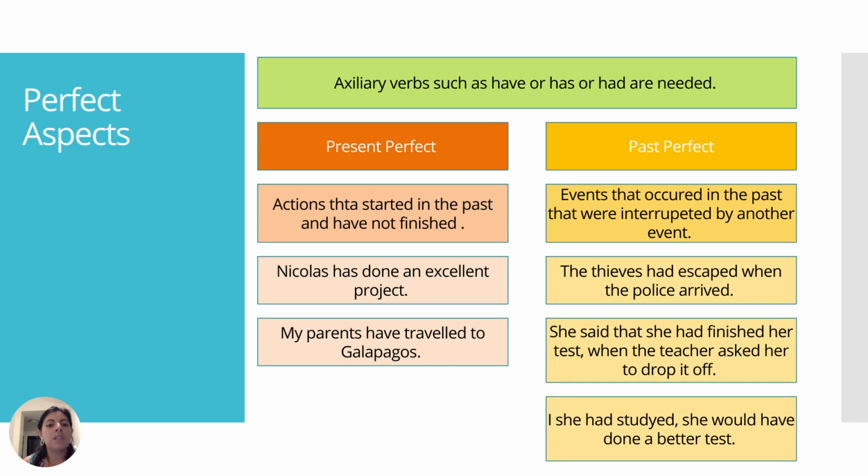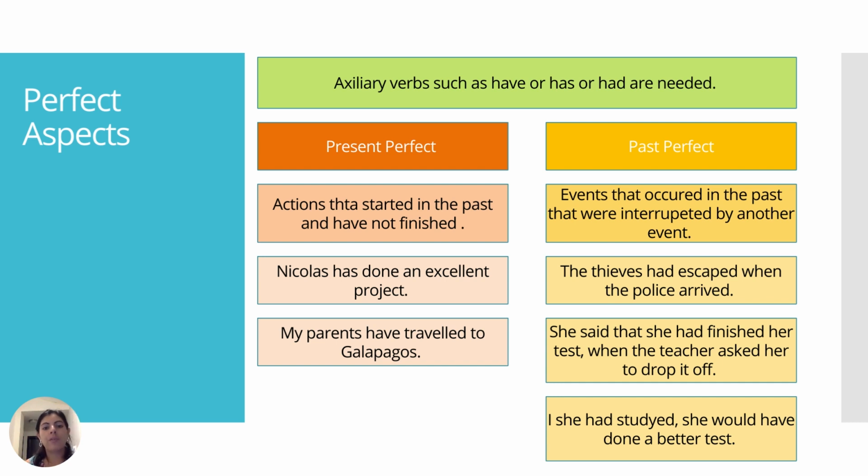For example, in this case, we have an action that already finished. Nicholas has done an excellent project. Maybe the project is going to be presented next week, something like that. But he already finished the project, and maybe he's going to present it at another time.